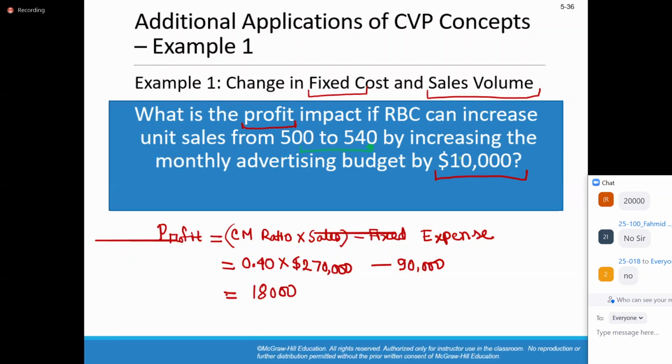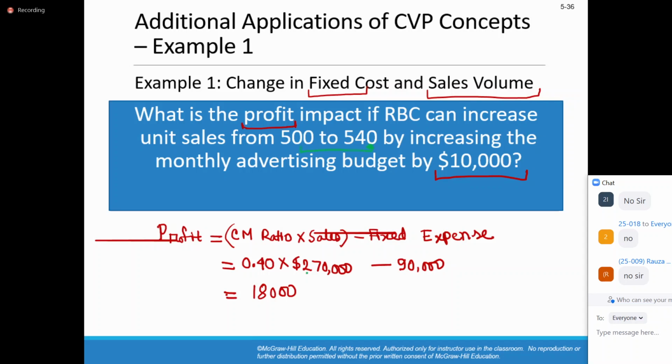We cannot say whether it is a good thing or a bad thing unless we see what will be the response of profit to the increase of the monthly advertising budget. So in the previous case, our profit was 20,000, but in this new scenario, we see that our profit has gone down by 2,000 to 18,000 from 20,000.